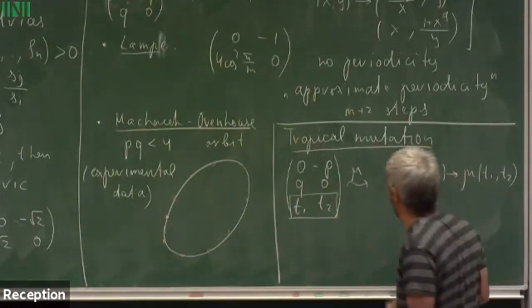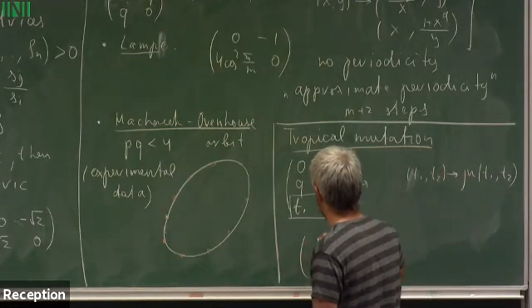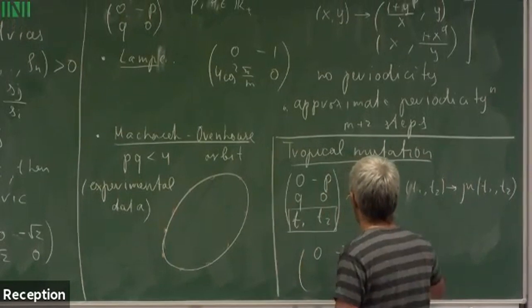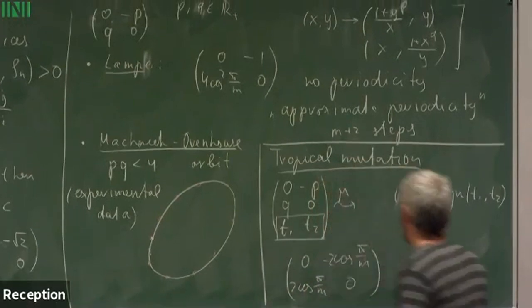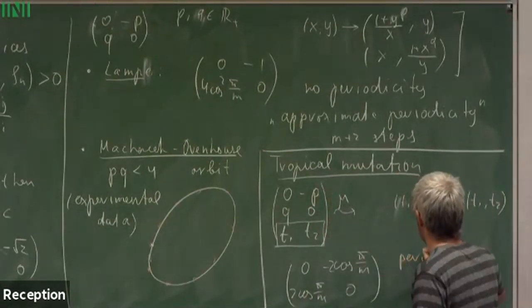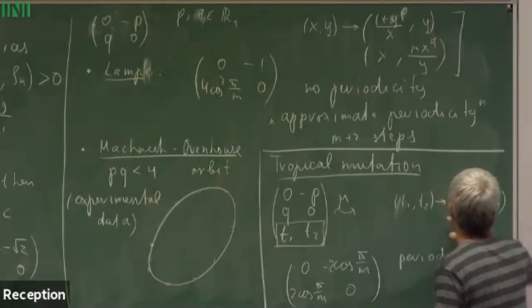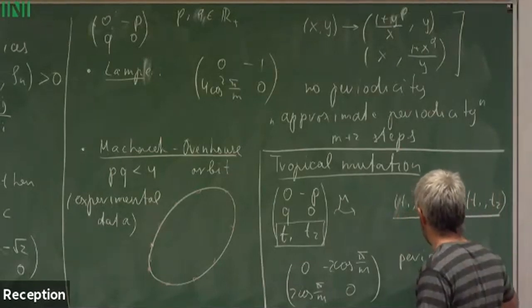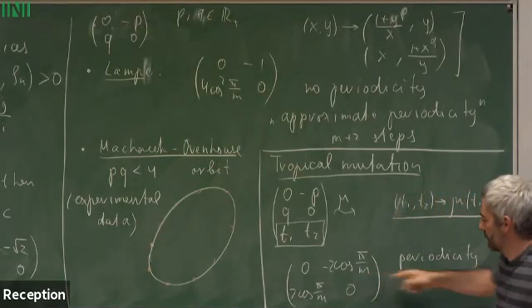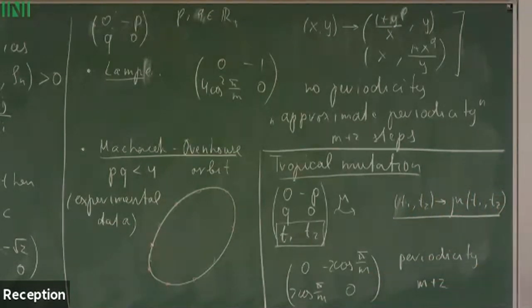Here, in case of matrix 0, minus 2 cosine pi over m, 2 cosine pi over m, there's periodicity of this map, with period, roughly speaking, m plus 2. In even case, we get just periodicity after m plus 2 steps. And in odd case, after m plus 2 steps, you need to do an additional reflection, x goes to 1 over x, which swaps the variables.